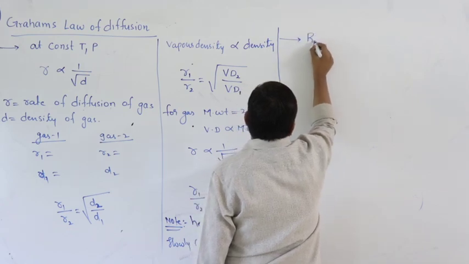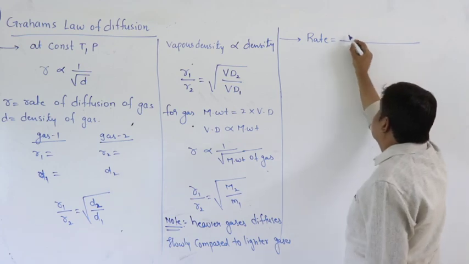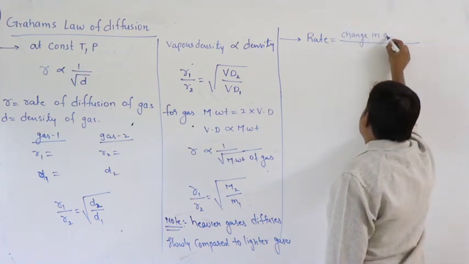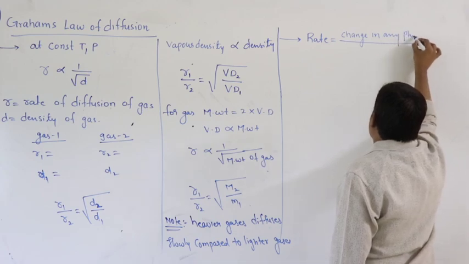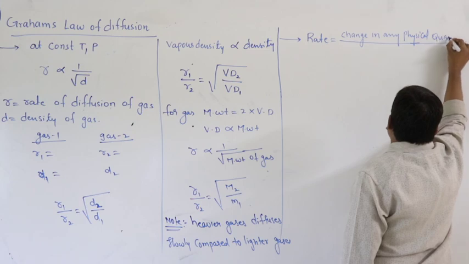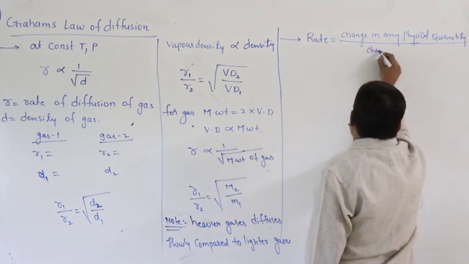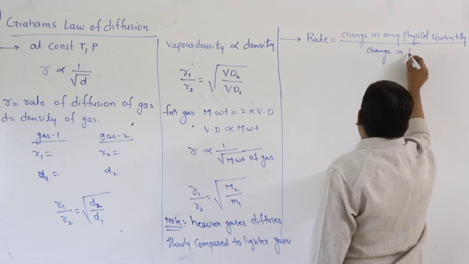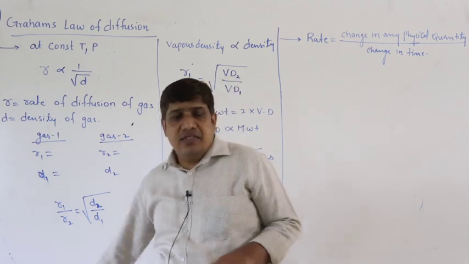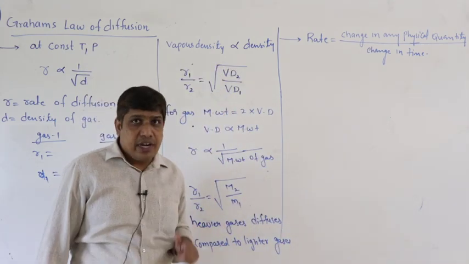So in general, what is rate? Rate is defined as change in any physical quantity by change in time. If you measure change in any physical quantity with respect to time, we call it rate.